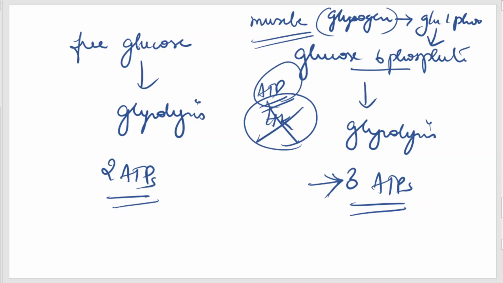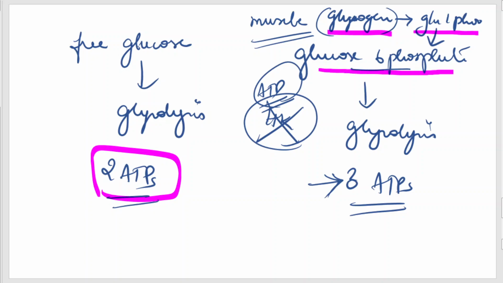From free glucose we get 2 ATPs, but when the muscle glycogen releases glucose 1 phosphate, it gets converted to glucose 6 phosphate that bypasses the first step of glycolysis, so we get 3 ATPs. Yes, understood?